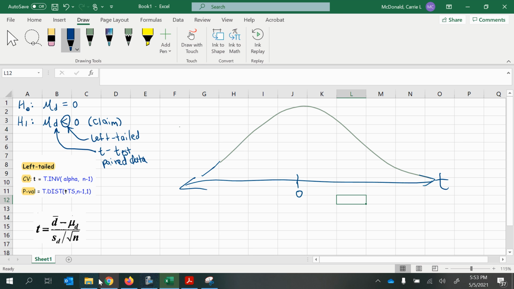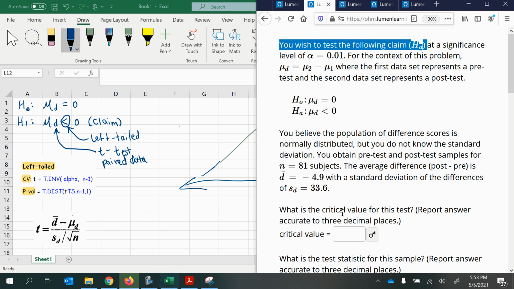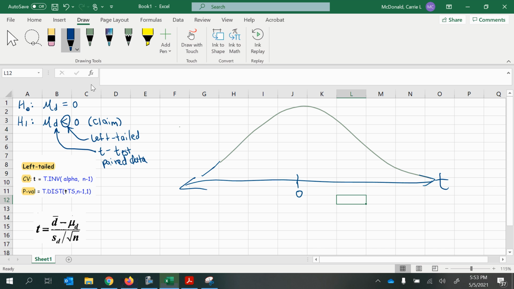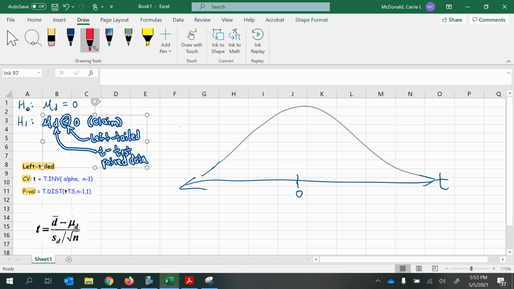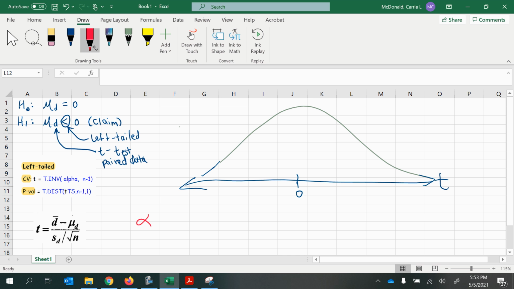And then somewhere in the problem, they'll give us the significance level. So here we have 0.01 as our significance. So let's write that down. So alpha is 0.01, okay? This is the critical area.